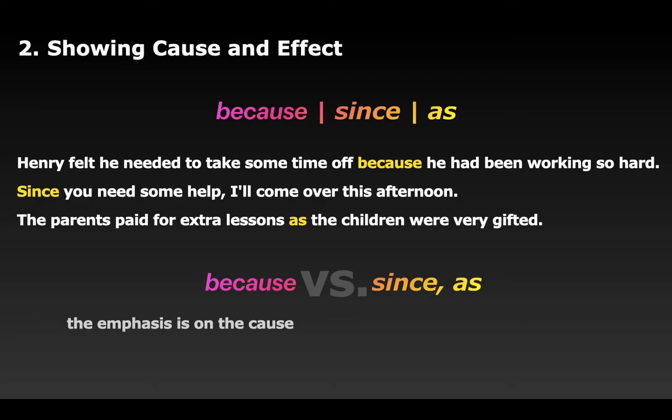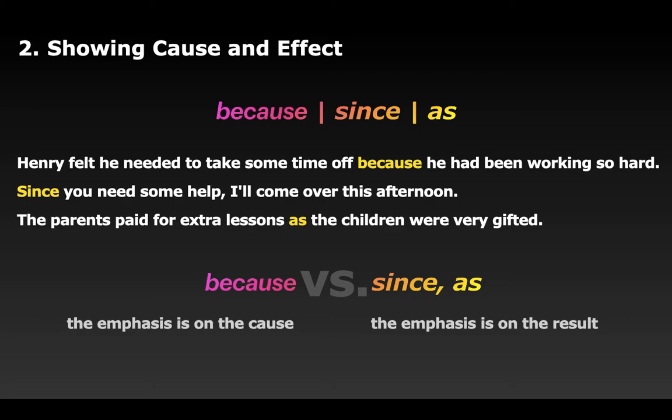Like in the first sentence, when you say Henry felt he needed to take some time off because he had been working so hard, you want to emphasize that he had been working so hard. You want to emphasize that reason. Okay? Whereas when it comes to since and as, you want to emphasize the result. It's like the reason is not as important as the result.